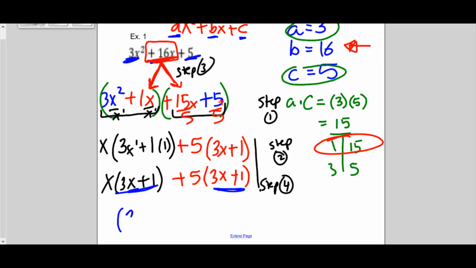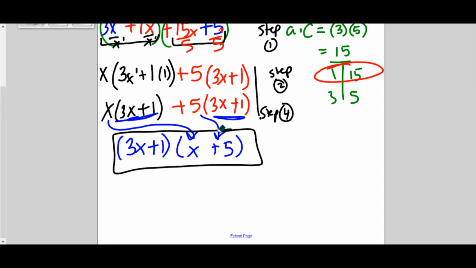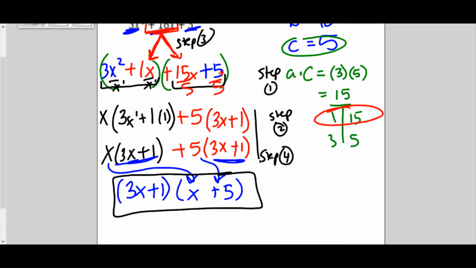Since those match, that's your common factor. So you're looking for those parentheses to match. And then what's going to go in the second set is the x plus 5. And that's your answer: 3x plus 1 times x plus 5. So this was your step number 5.